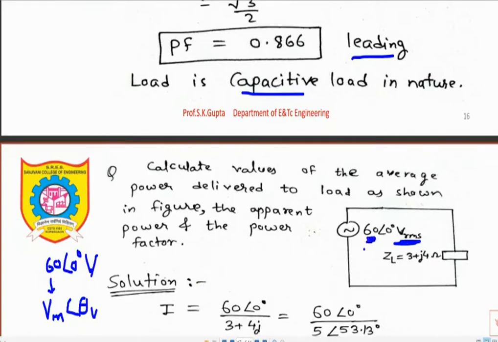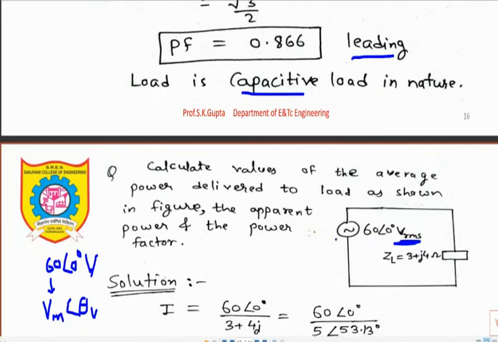So directly they have provided the RMS voltage. Such tricks are used in competitive exams, so you should be very careful. If you have missed this point, definitely your answer will be wrong. So with 60 angle 0 degree, RMS is written. That means it is an RMS voltage and angle is theta V.